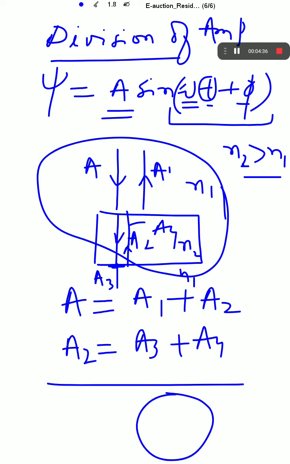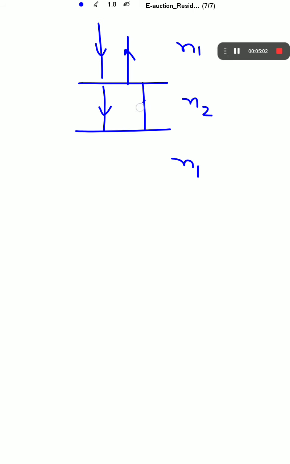If this is clear, then let us talk about the case where this is index N1, this is index N2, and again it is N1. When you shine light, there will be transmission, there will be reflection from this point, reflection from this point, and transmission from this point.